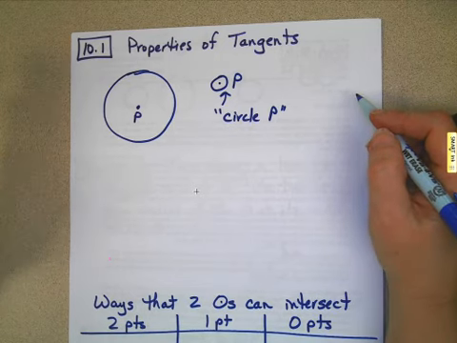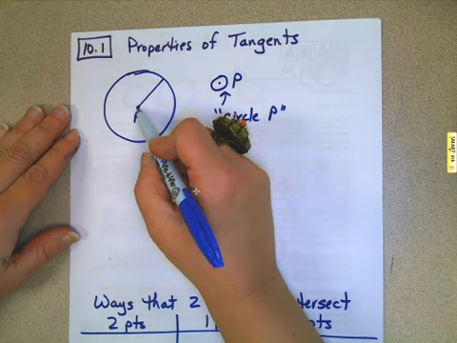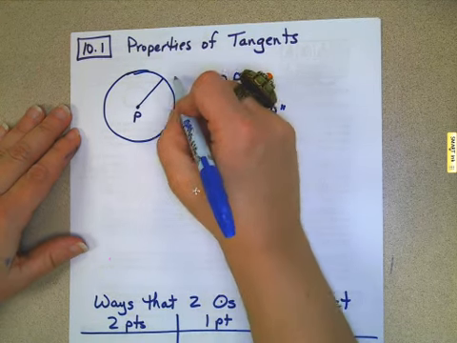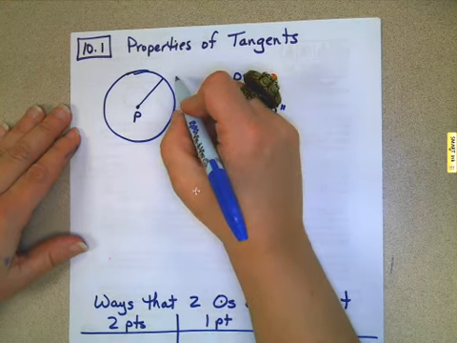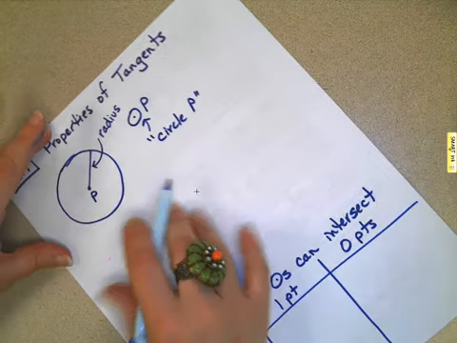Probably all these things that I'm about to tell you, you have heard of before, but let's get them down. A radius is a segment drawn from the center to any point on the circle. All right, and so that's going to be a radius. A diameter is, well, let's do a chord first.